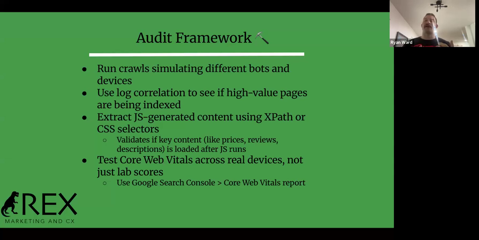And as I said earlier, if it's being rendered after JavaScript is run, it's not being seen by crawlers. So understanding what content falls in that bucket, and if it does, understanding first off if we need to move that content somewhere else.